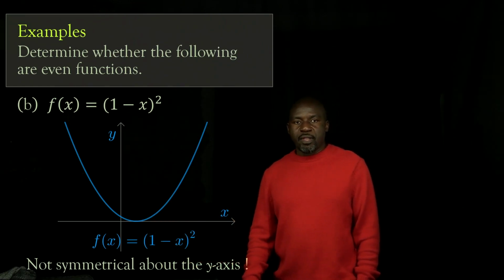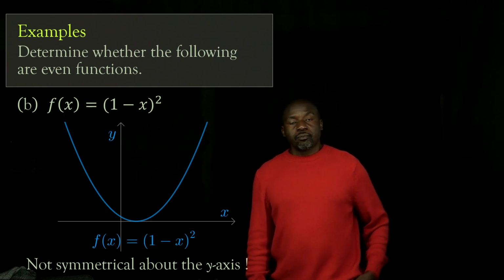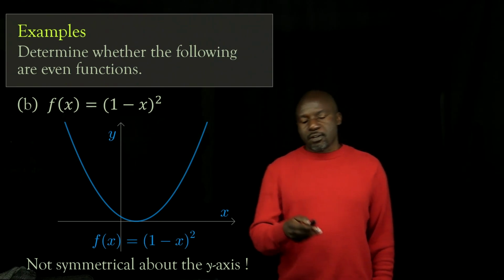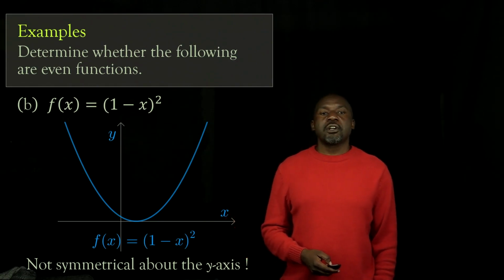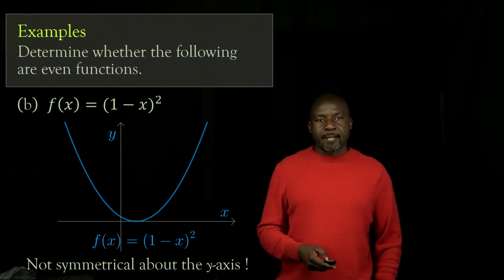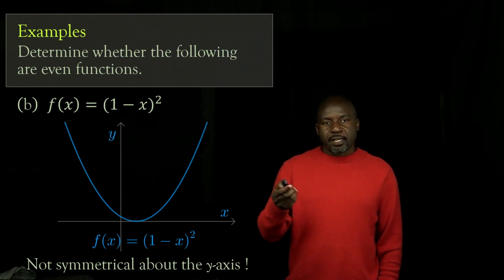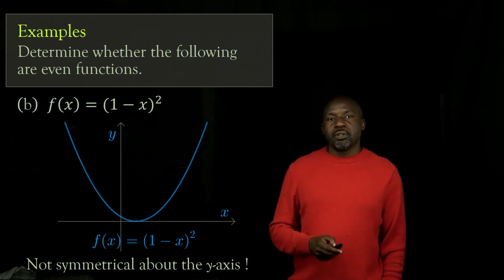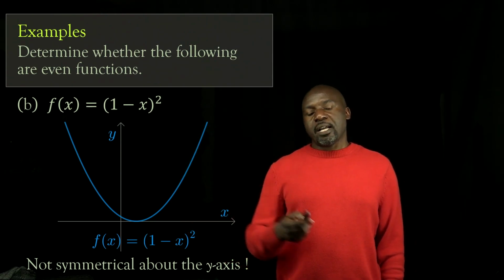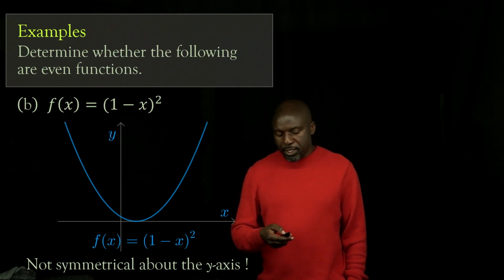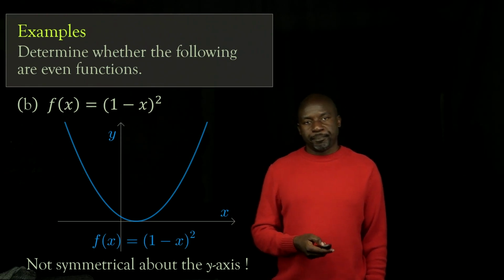We don't need to worry about that if you haven't done this before. And so clearly it is a quadratic function, but it is not an even function. So not all quadratic functions are even. Because of that lack of symmetry, we can conclude, either through the algebraic process we did or by looking at the graph, that this function is not even.